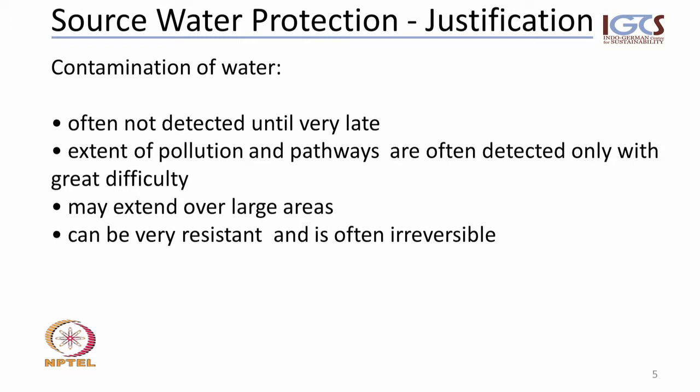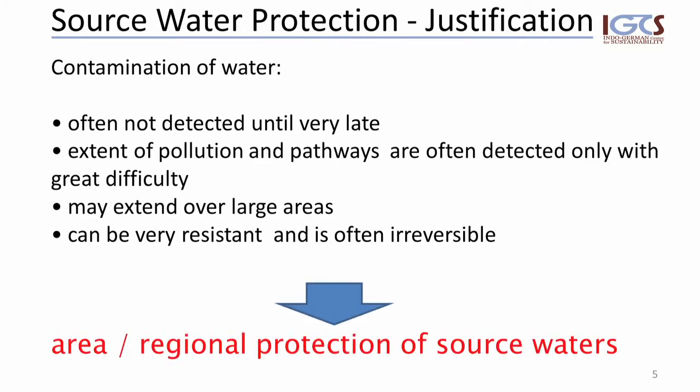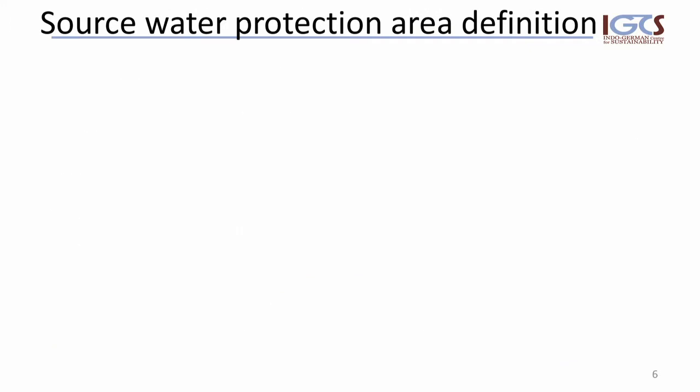Contamination may extend over very large areas and may be very resistant, and in many cases be irreversible, difficult to clean up. And for that reason, we opt for regional or aerial protection of the source waters.